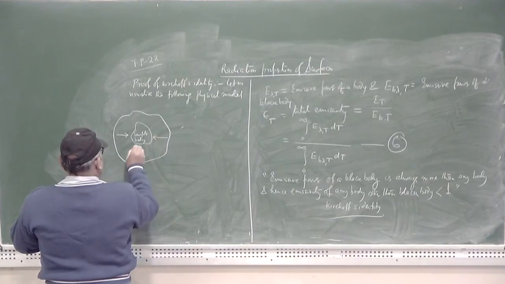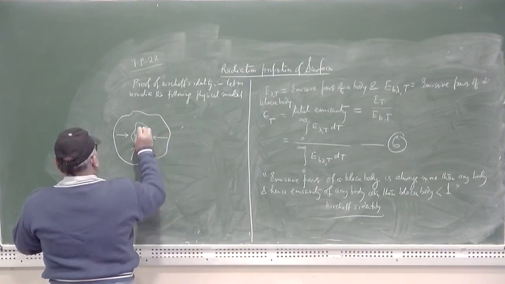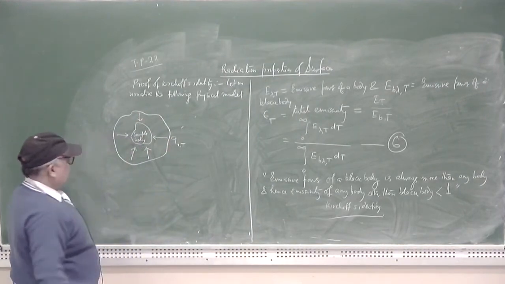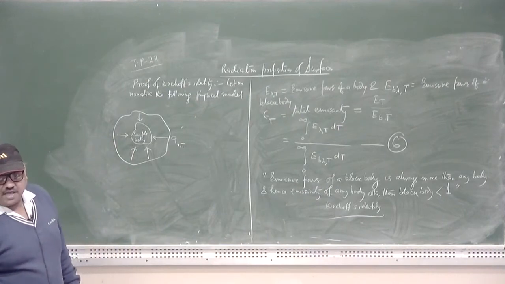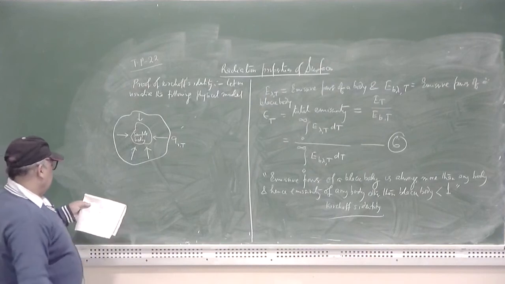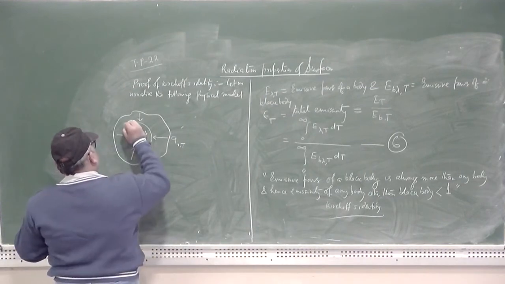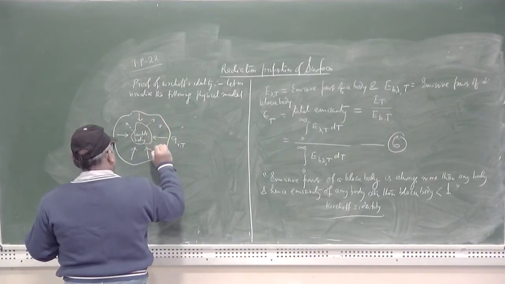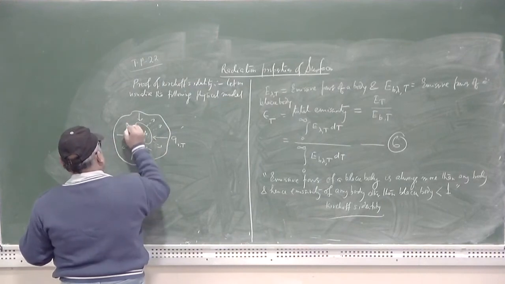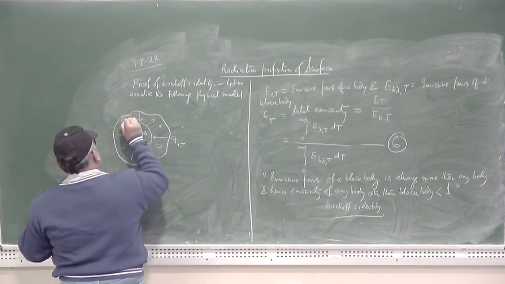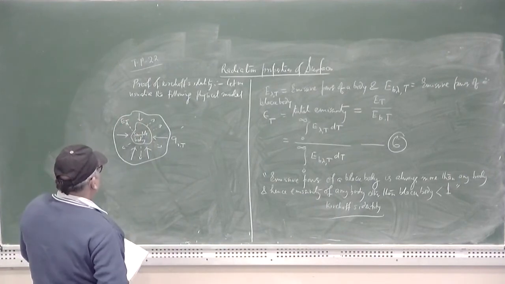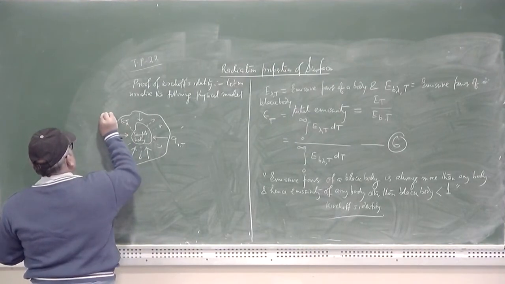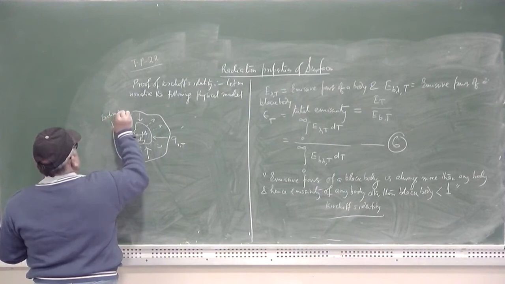These are the entering heat flux, denoted by the letter Q suffix i comma T, and these are the emissions, this is your E t.